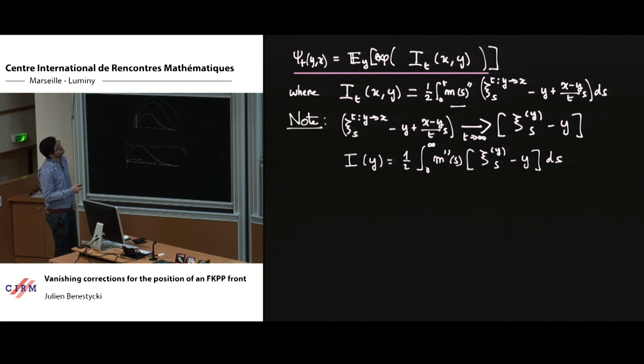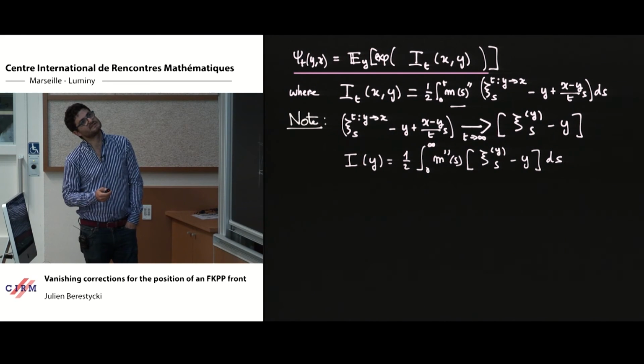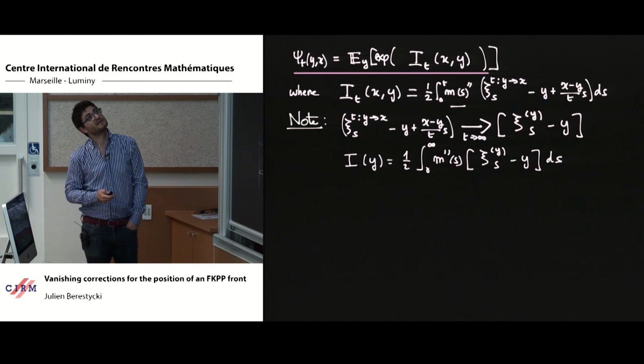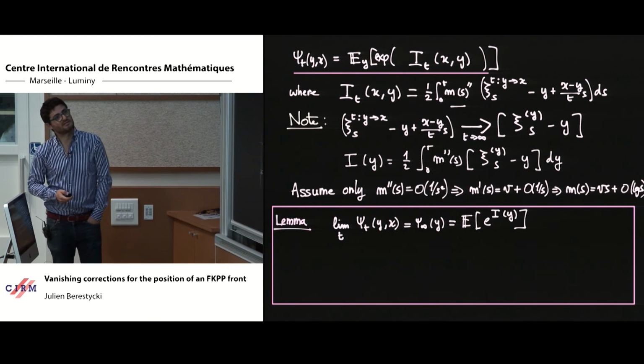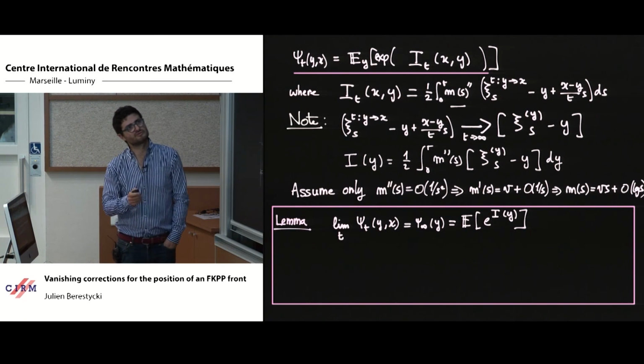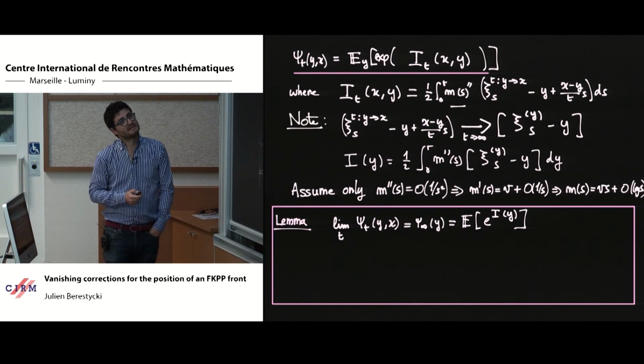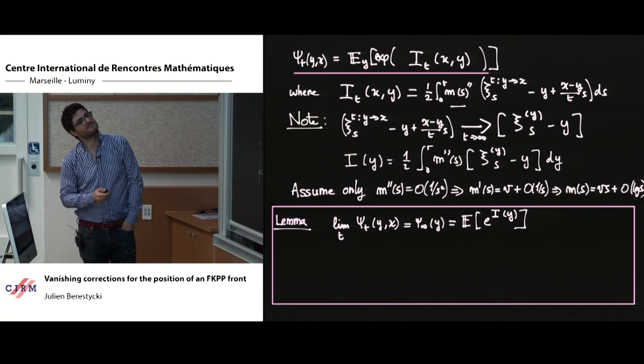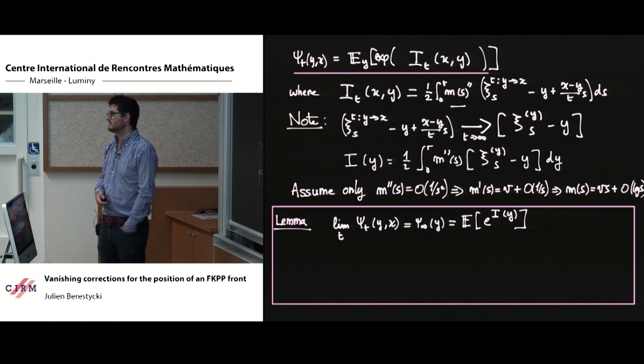Let me call I of y this one half of the same integral, M double prime s, against this limit process. And you can guess that with good conditions on M, the limit of this term is exactly the expectation of the exponential of this limit integral.